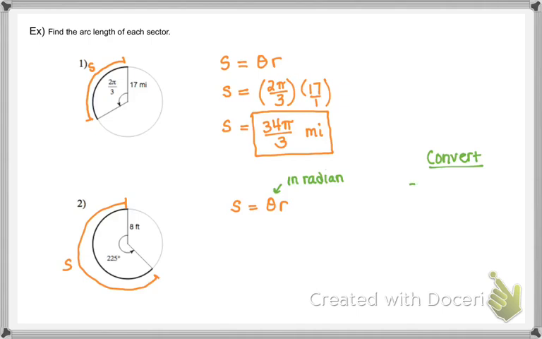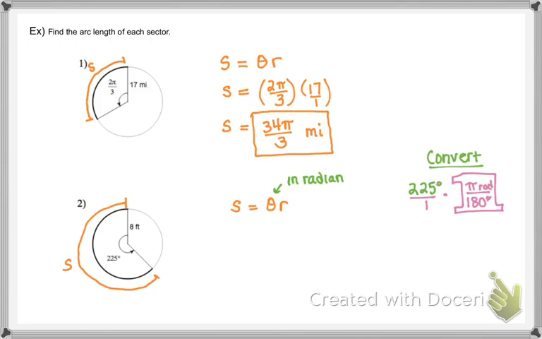So we start with 225 degrees, and remember, to convert from degrees to radians, we're going to multiply by a special 1. So this is over 1. And my special 1 is going to be, since I want to cancel out degrees, 180 degrees in the denominator. 180 degrees is the same as pi radians. So that's my special 1. And that way my degrees cancel out.